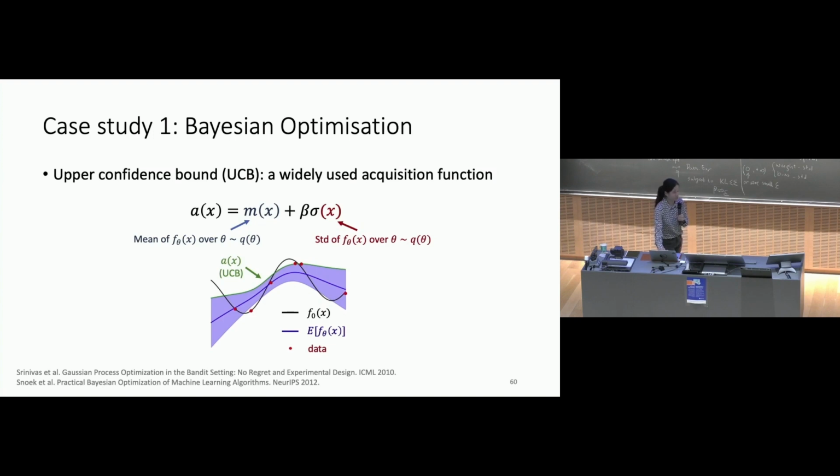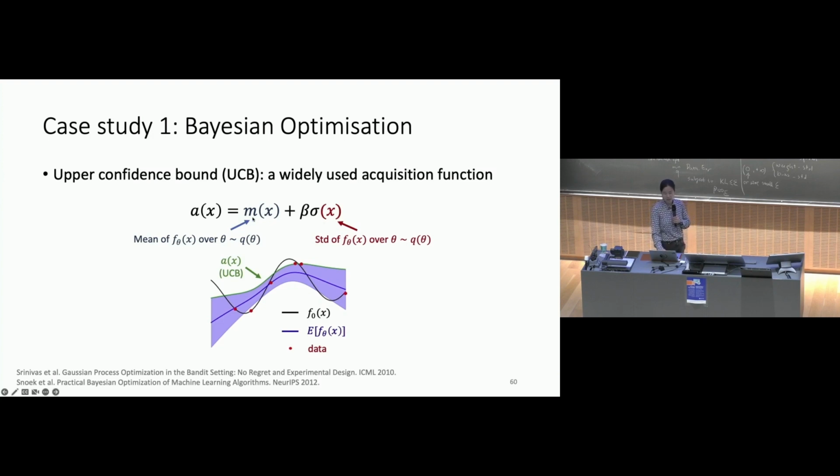If you use some other models like a Gaussian process, it will just be the mean of the Gaussian process, okay? And then if your model can also give you a standard deviation estimate for your outputs, like this sigma x term, okay? Then you basically just reweight that with this beta term and then combine all of them.